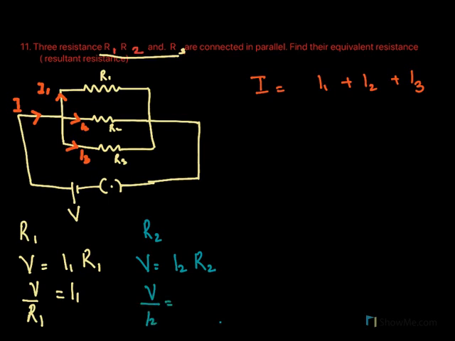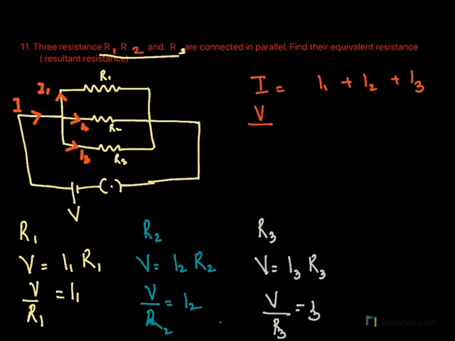So V over R2 equals I2. And for the last one, for R3, V equals I3 R3. So V over R3 equals I3.